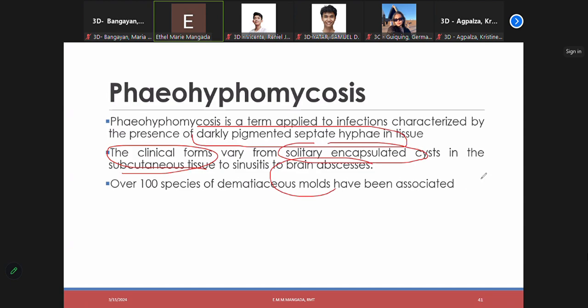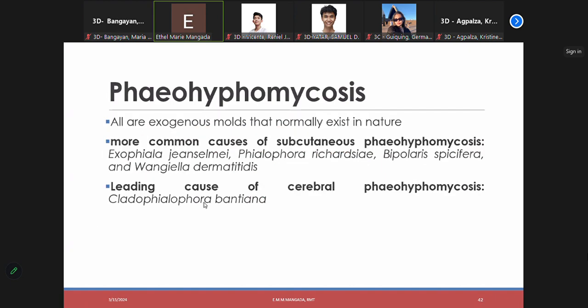So next, example under this is yung Cladophialophora bantiana ninyo. So your phaeohyphomycosis, example of causative agents, we have Exophiala jeanselmei, Phialophora richardsiae, Bipolaris, and your Wangiella dermatitidis. Okay? And another that causes naman cerebral phaeohyphomycosis.